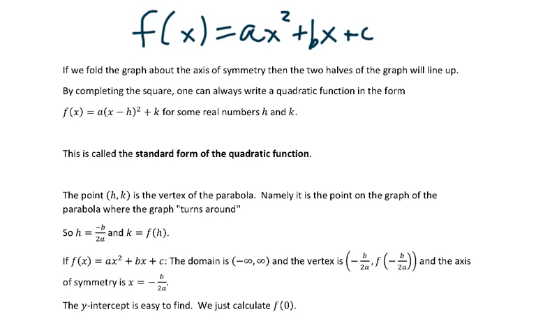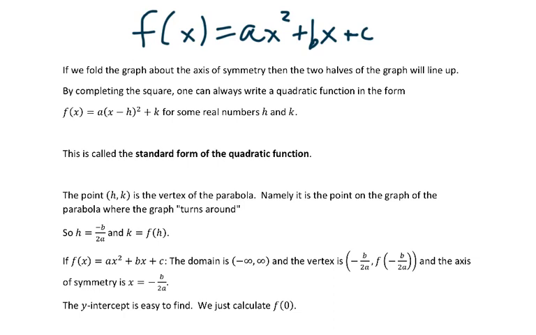You can go from this form to this form through the process of completing the square. And this form over here, which has the h and k, we call the standard form of the quadratic function. Of course, you can go from the standard form back to this. You just basically foil x minus h squared out.